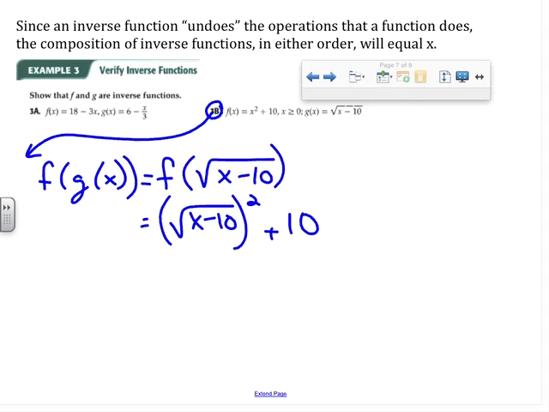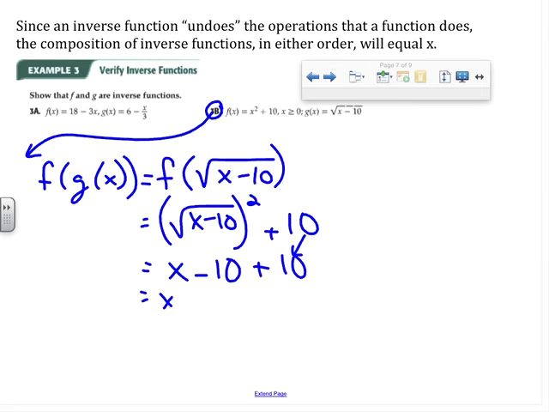When I take that square root and square it, I get just x minus 10. And then I'm adding a plus 10 to it. Those cancel out and I just have x.